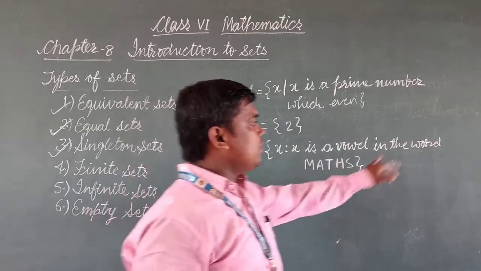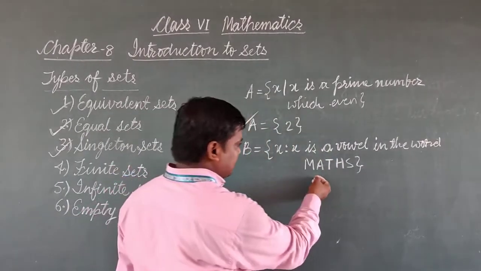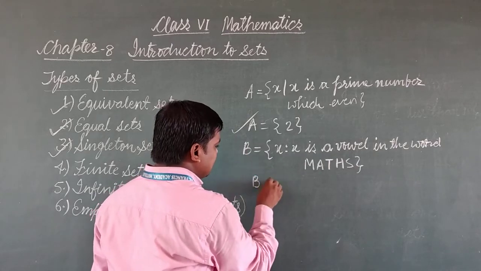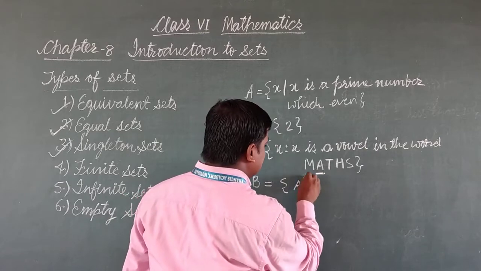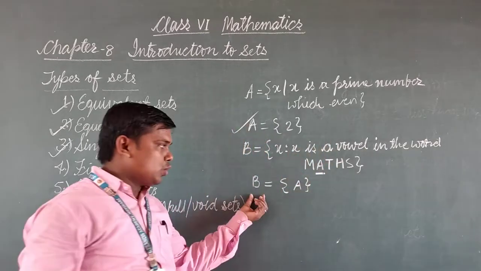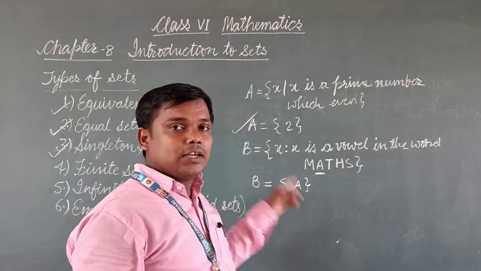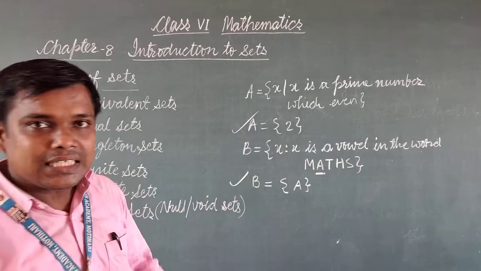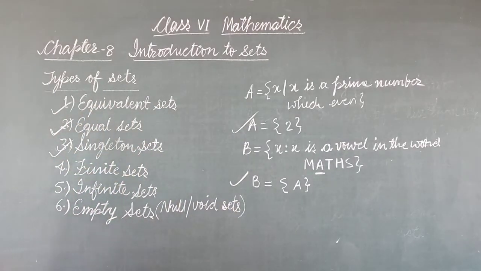X such that x is a vowel in the word maths. So as you are seeing the word, if we are writing set B, then only A is the vowel present in this word. So set B element is A, which is only one element. So set B is a singleton set. I hope you understood about singleton set also.